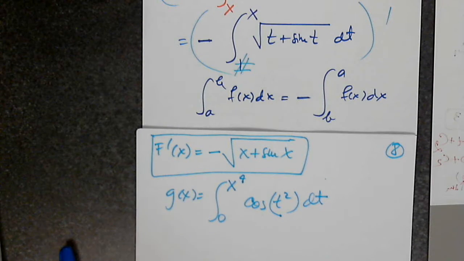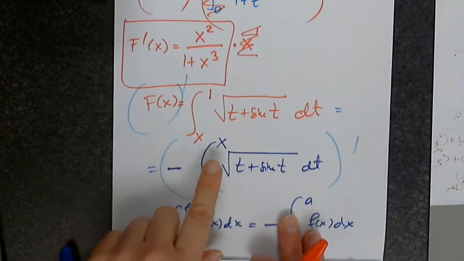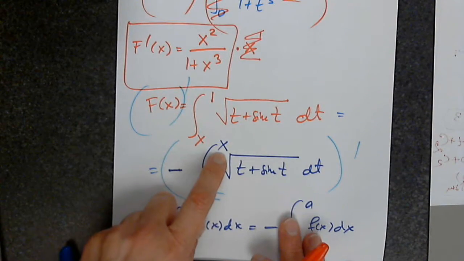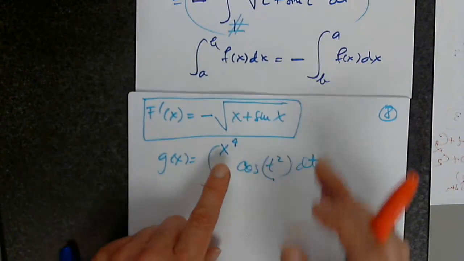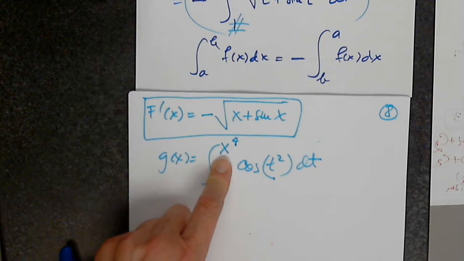Yes, as long as the bottom limit is a number, whatever number, it doesn't matter, and the top is x or a function. But if it's a function, I have to remember something very important. Here it's a function, but it's plain x. Even x is a function, but it's just plain x. But this is not plain x.